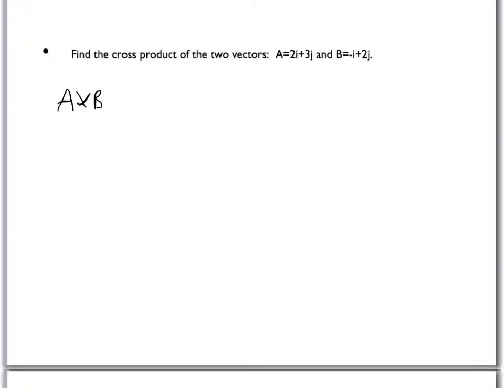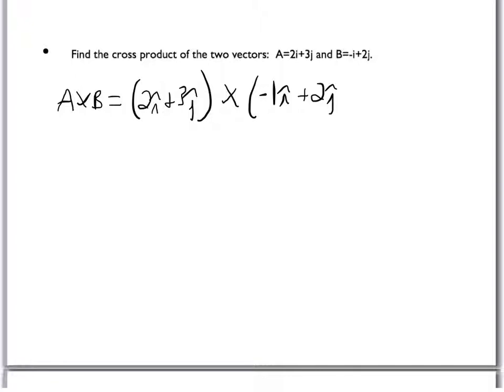So A cross B, we could write them out in, again, our unit vector notation and cross the two of them together, remembering that anytime you cross values that are in parallel directions, it basically cancels out to nothing.